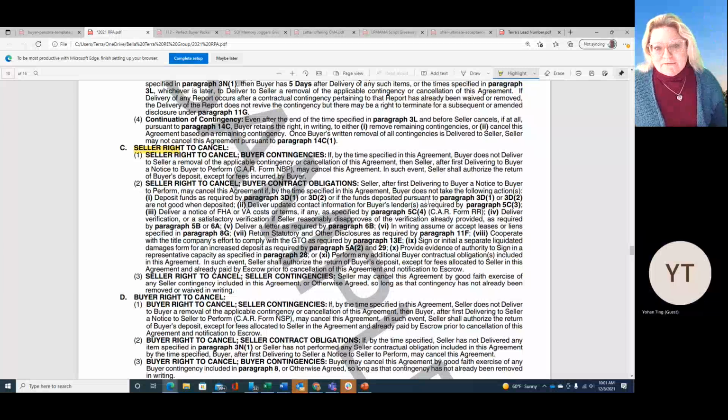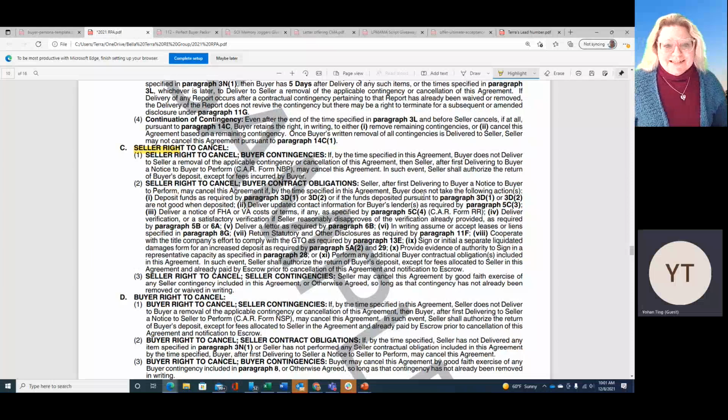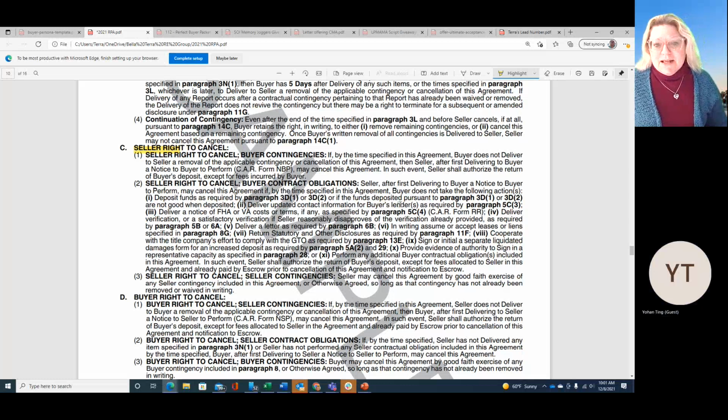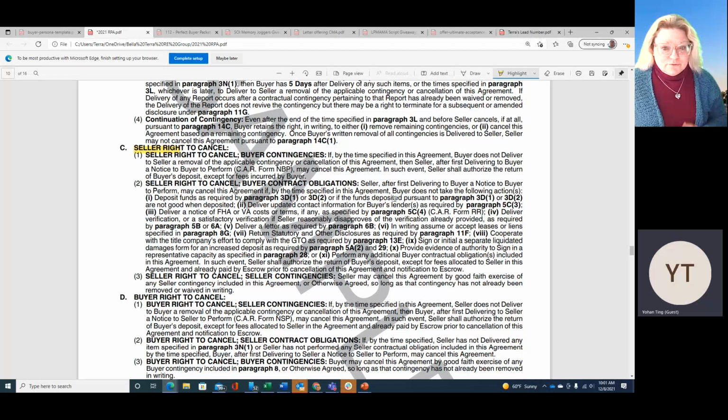If by the time specified in this agreement, buyer does not deliver to seller, again, it's capitalized, a removal of the applicable contingency or cancellation of this agreement, then the seller, after first delivering to buyer a notice to buyer to perform, may cancel this agreement. In such event, seller shall authorize the return of the buyer's deposit except for fees incurred by the buyer.